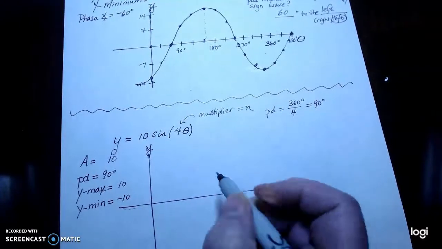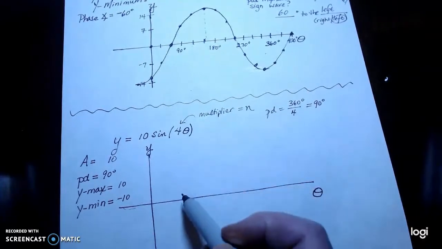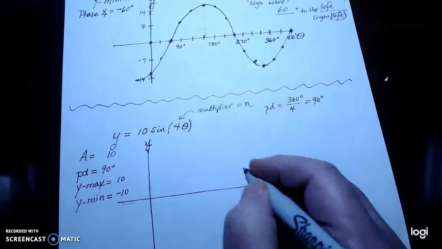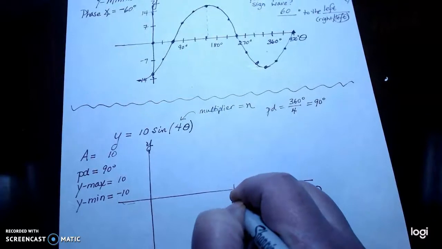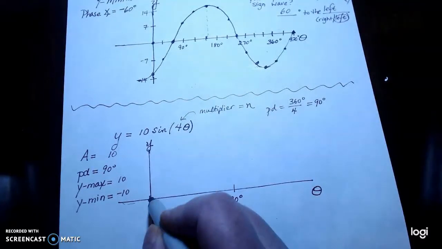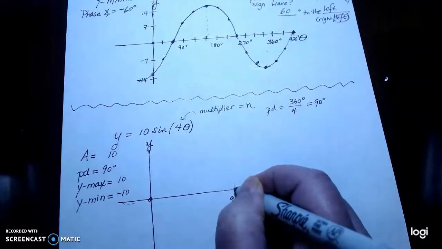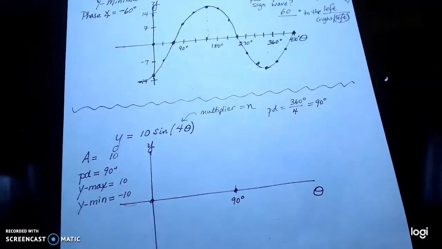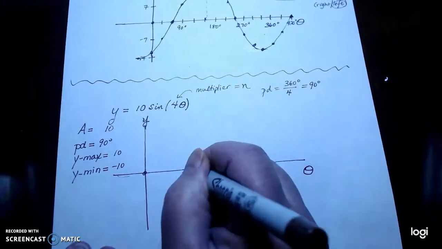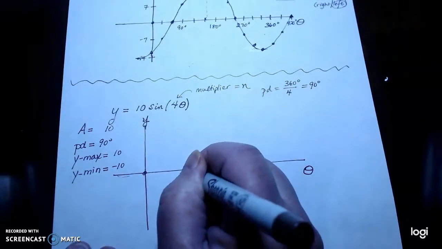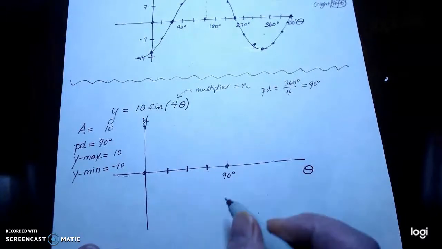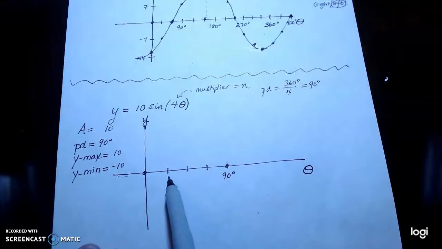Now, I'm going to graph this without a table of values. I found that the period should be 90 degrees. So let's select 90 degrees. Sine starts low. It's going to have a peak, it's going to have a valley, and it's going to end at 90 degrees, remember, because the period we found is 90 degrees. So let's divide 90 degrees into quadrants, if you will. So 30, 60, 90.